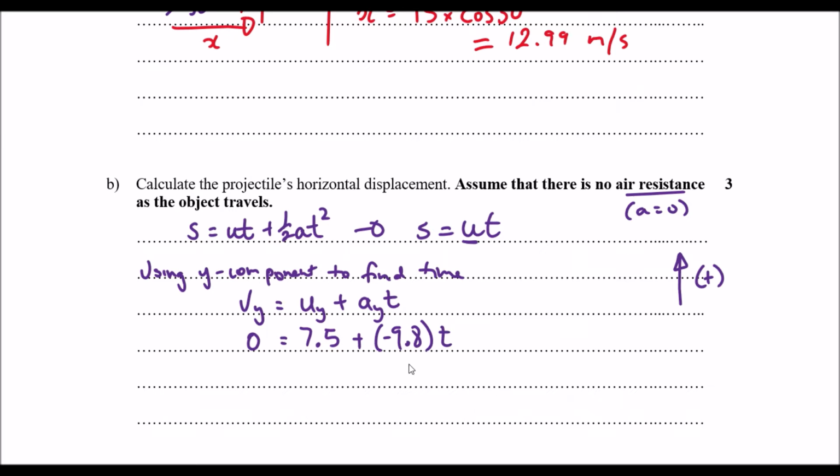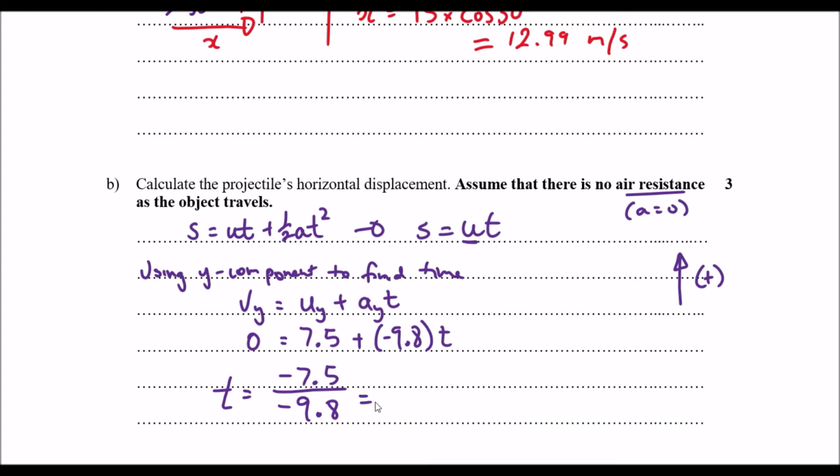And so when I rearrange the formula, t becomes negative 7.5, because I subtract the 7.5 over here, divided by negative 9.8. Okay, and that gives me a time.